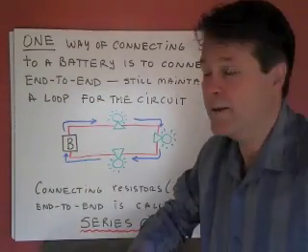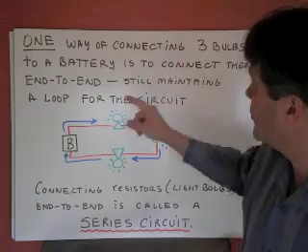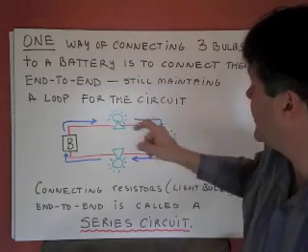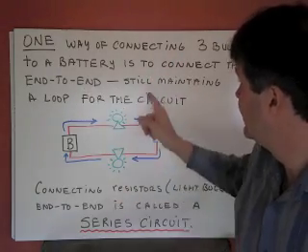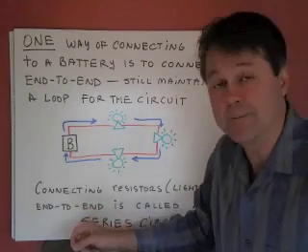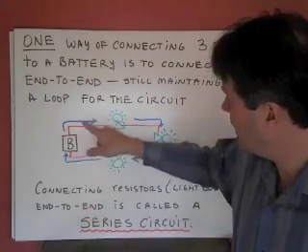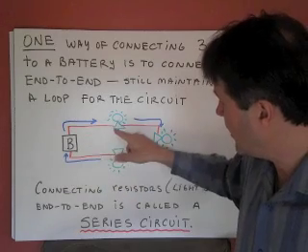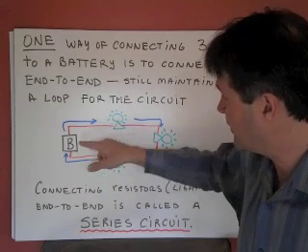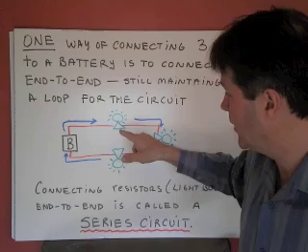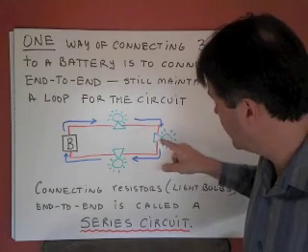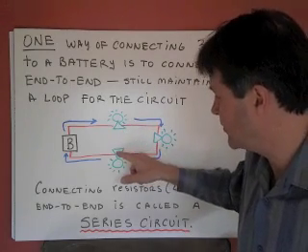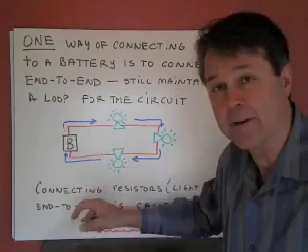Well, one way of connecting 3 bulbs to a battery is to connect them end to end, still maintaining a loop for the circuit. So we still have one continuous loop, and what we're doing is connecting battery, wire, light bulb, wire, light bulb, wire, light bulb, wire, battery.